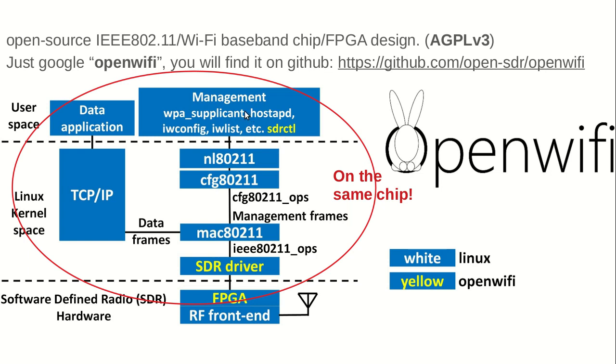A unique thing of our design is that the Wi-Fi chip here is FPGA and the computer, actually they are in the same chip, because we use the Xilinx Zynq FPGA where there are both FPGA and ARM processor. So our Wi-Fi chip sits together with Linux, with the FPGA, in the same physical chip.